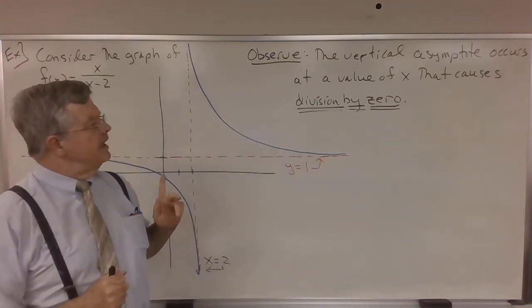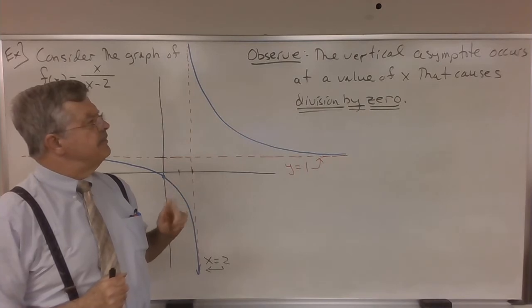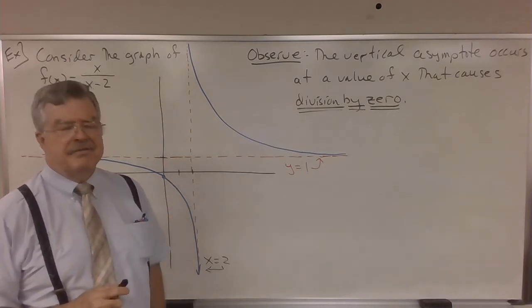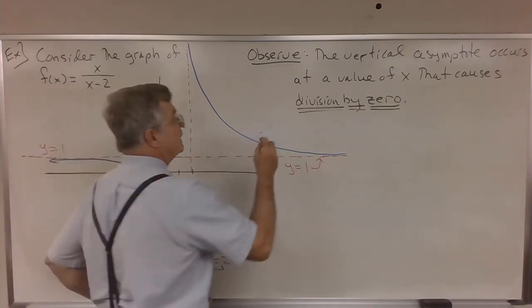The vertical asymptote occurs at a value of x that causes division by 0.